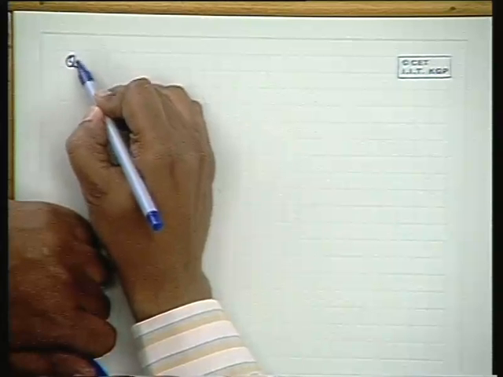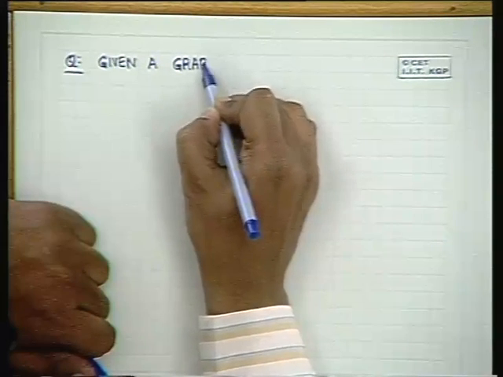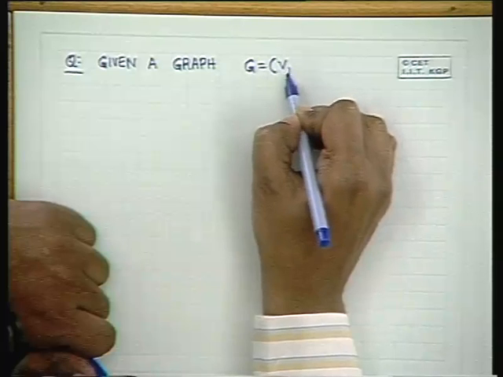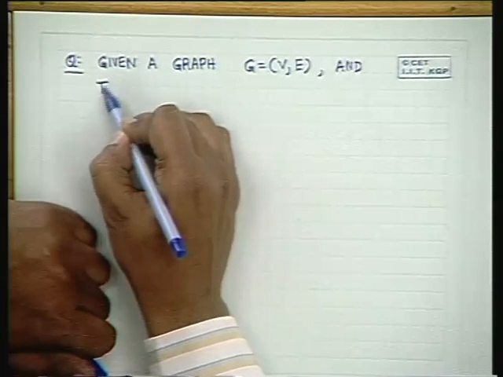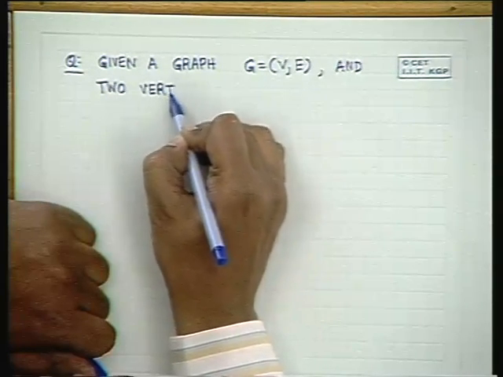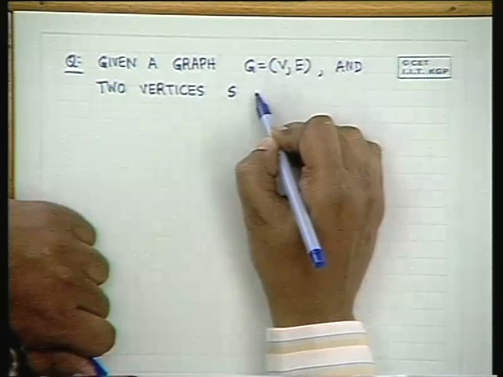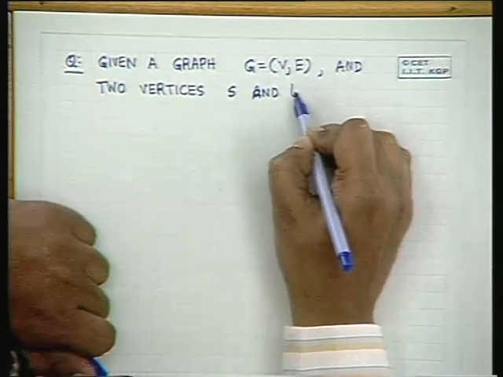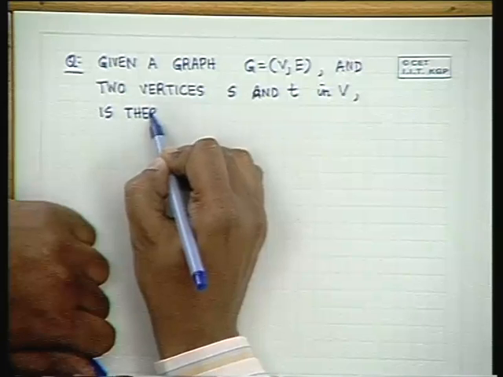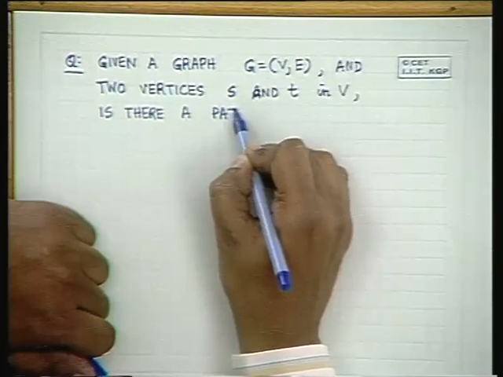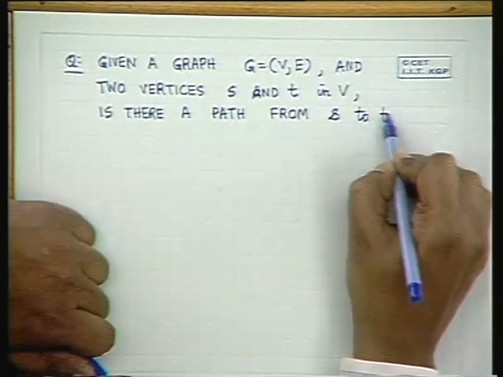So our query is, given a graph G equal to (V, E) and two vertices S and T in V, is there a path from S to T in G?